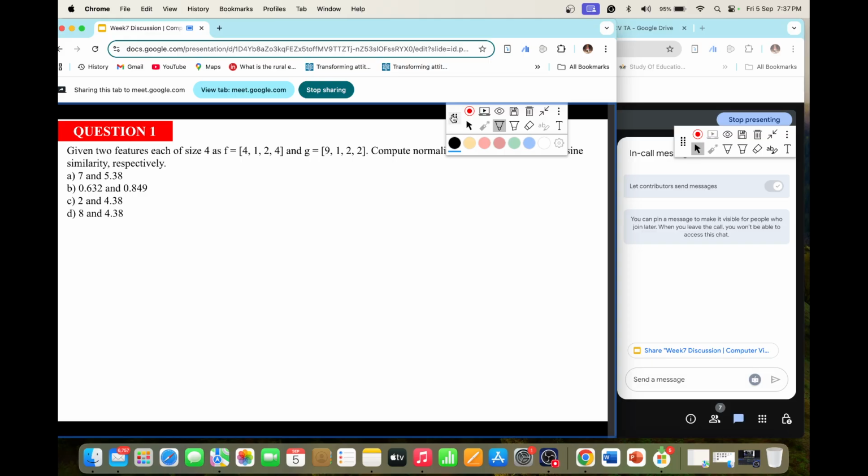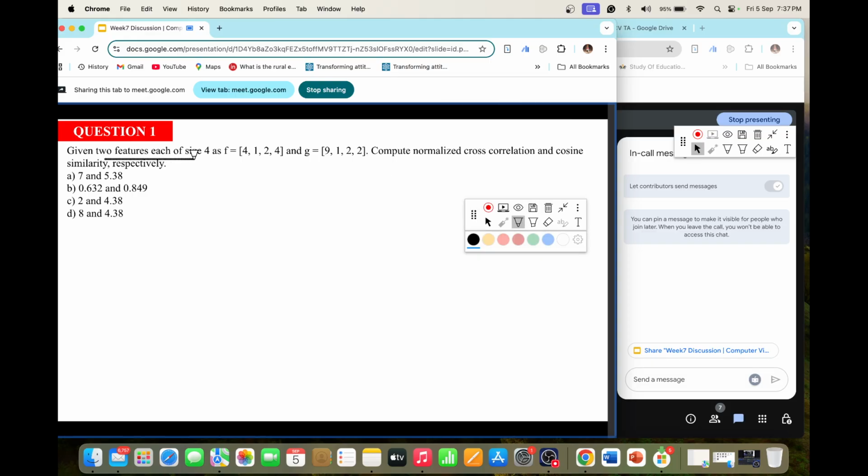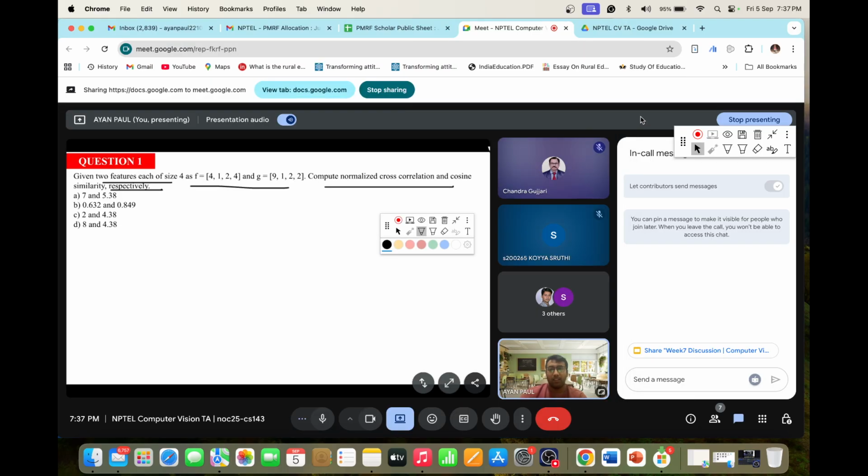Let's focus on one question. Given two features f and g, compute the normalized cross correlation and cosine similarity respectively. Can anyone tell the formula for normalized cross correlation?